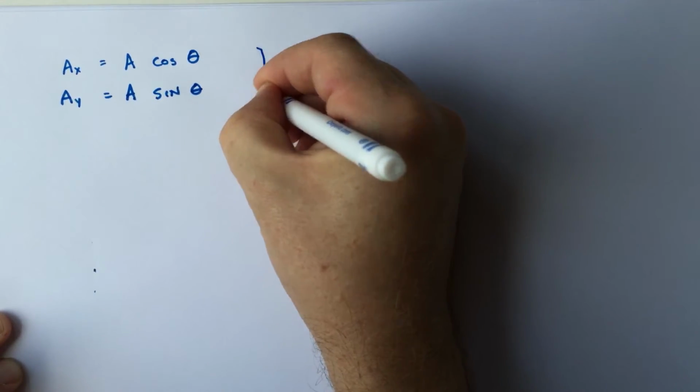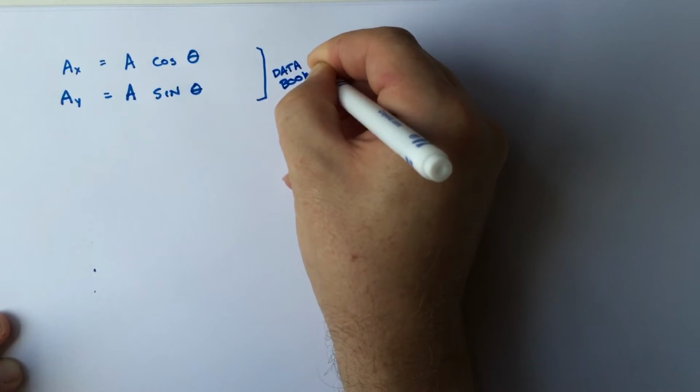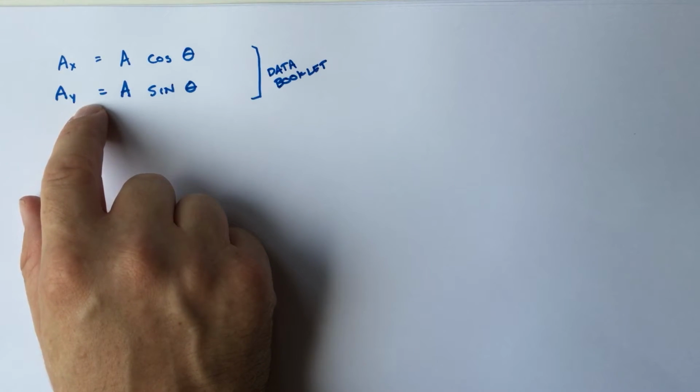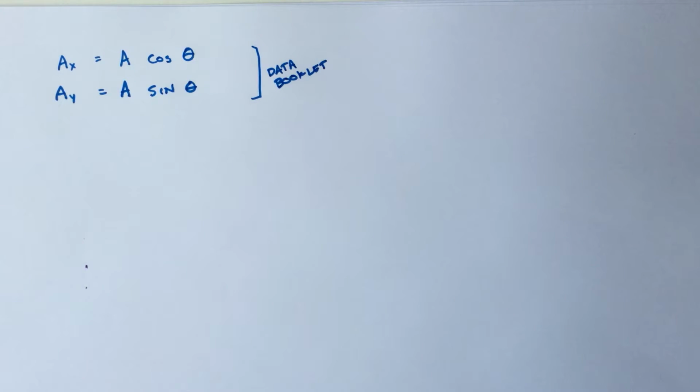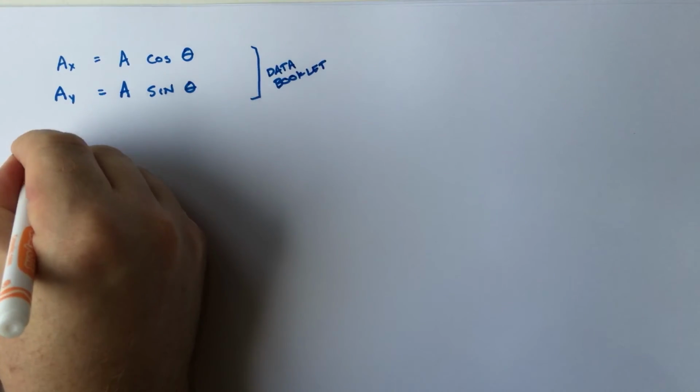These are in your data booklet. You should take a look at your data booklet and find where those are so that you know those tools. And these tools are used for a process that we call resolving vectors. So let's talk about that.